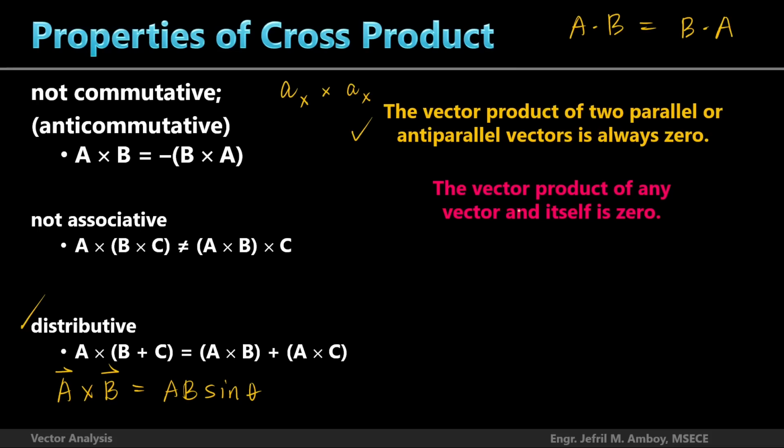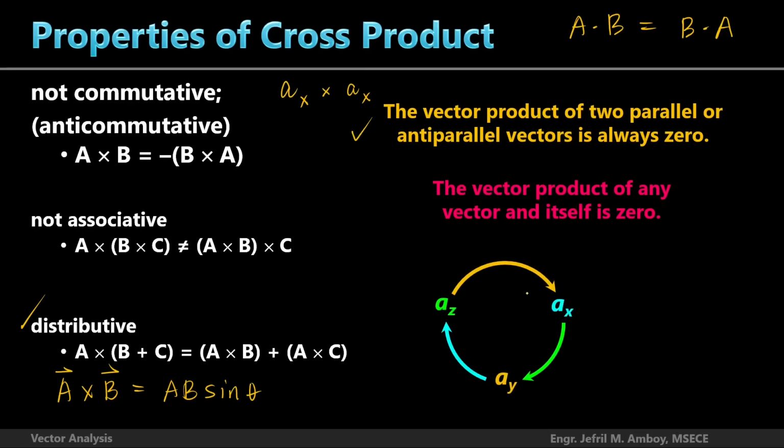Now, if you are using a right-handed Cartesian coordinate system, the right-hand rule can be applied to determine the resulting cross product. So how do you use the right-hand rule? You just curl your four fingers from the first vector towards the second vector, and the direction of your thumb determines the cross product. Now, another way of determining the cross product of these unit vectors, AX, AY, and AZ, is with the use of a cyclic diagram like this.